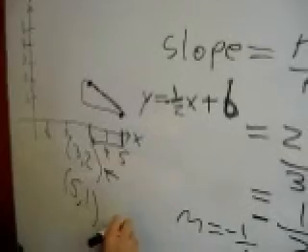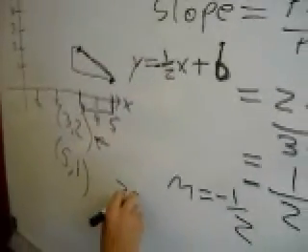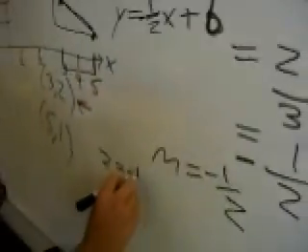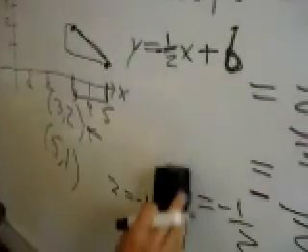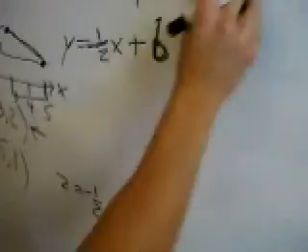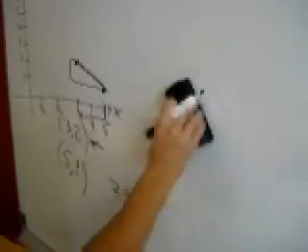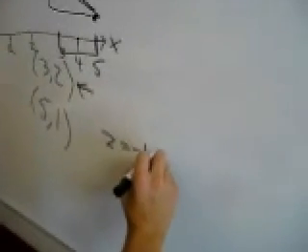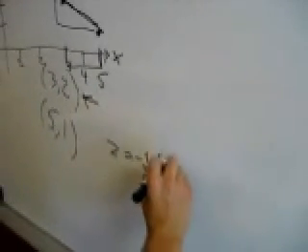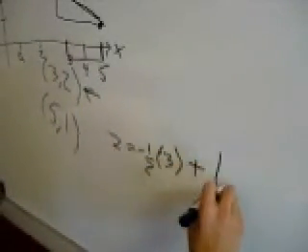We'll put y as 2 equal to negative 1/2, and we'll plug in our x value, plus b.